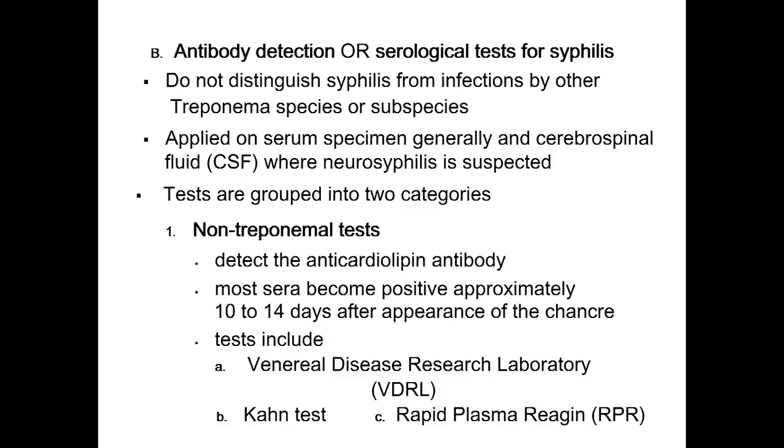And there are many tests developed by very many different companies. They are administered in different ways, but the antibody they are detecting is the same. It's the anti-cardiolipin antibody. Among those many tests, we have one called venereal disease research laboratory test, abbreviated as VDRL. There's also another test called rapid plasma reagin, abbreviated as RPR.